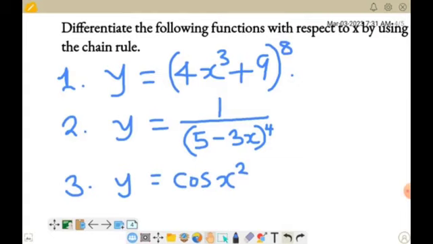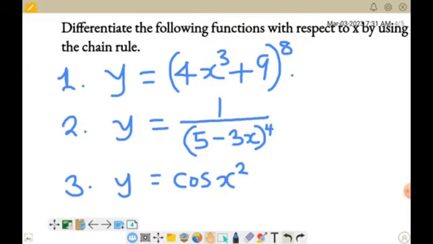That one is easier. Number 2, y equals 1 all over 5 minus 3x all to the power of 4. This is very simple. All you need to do is just to rewrite this as an expression in indices and then you solve.